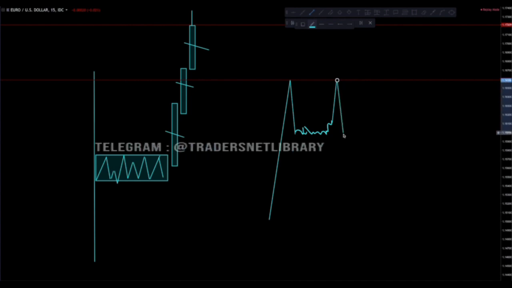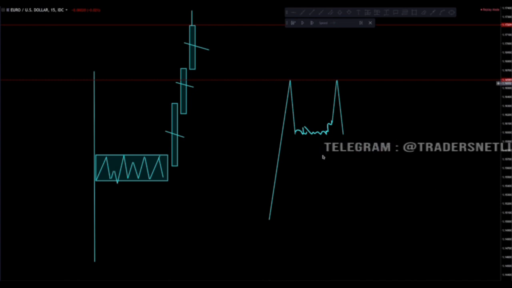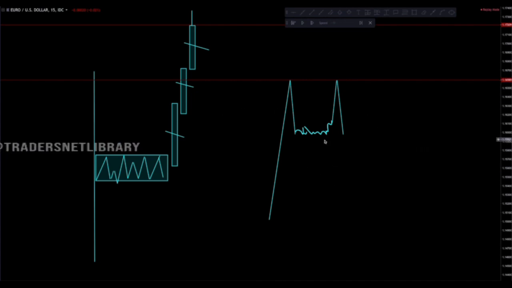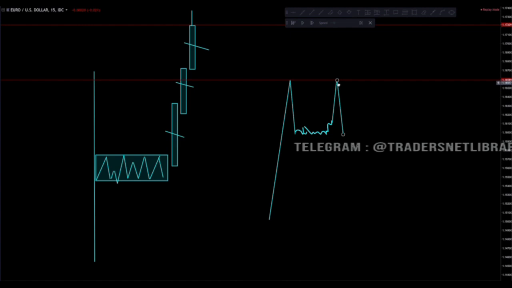This creates the double top pattern I was talking about. It's called an M pattern, double top, it doesn't matter. It's a bearish reversal, especially in the morning when the London session starts. This is the first type of M pattern or double top, because we can also have this.